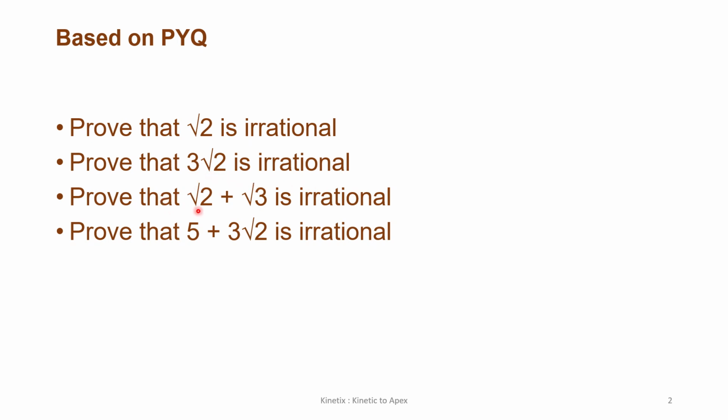Then prove that root 2 plus root 3 is irrational, that is, addition of two irrational numbers will be an irrational number. Then prove that 5 plus 3 root 2 is irrational. So these are the four different patterns of questions that generally come in the CBSE board examination.